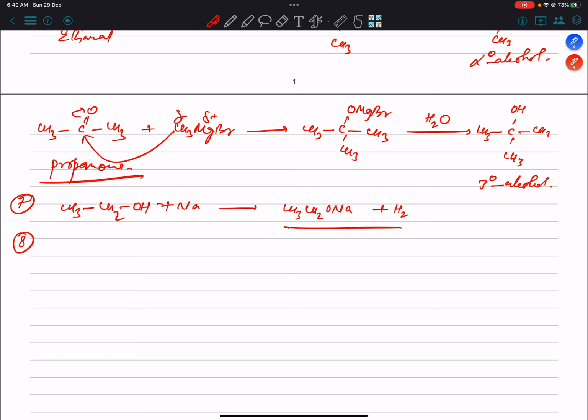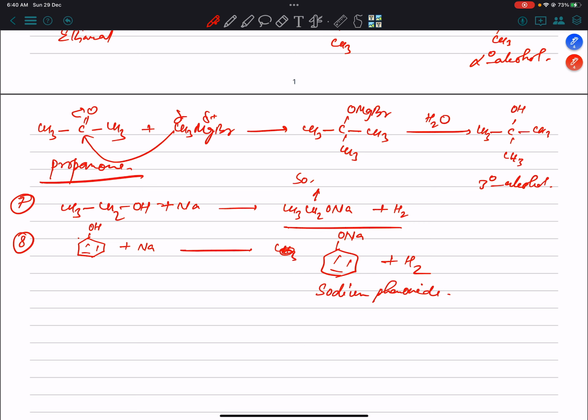The next reaction is that phenol also reacts with sodium to give sodium phenoxide plus hydrogen, and this is sodium ethoxide.